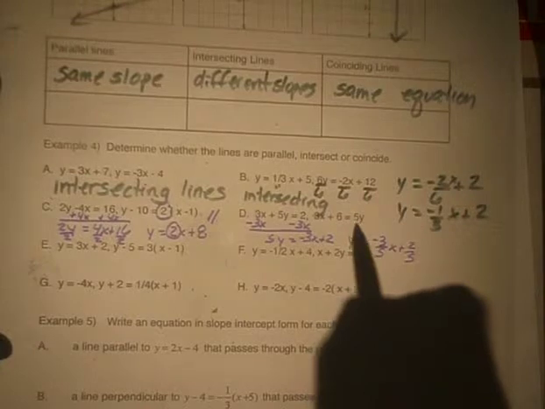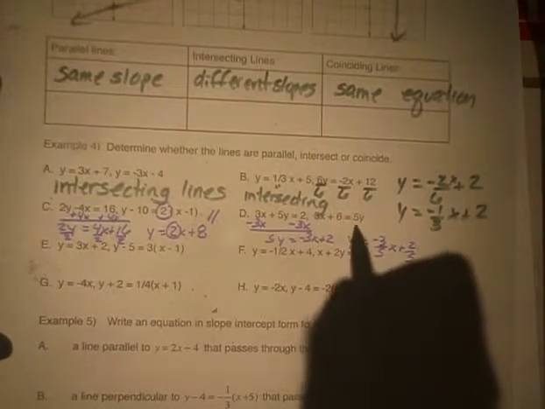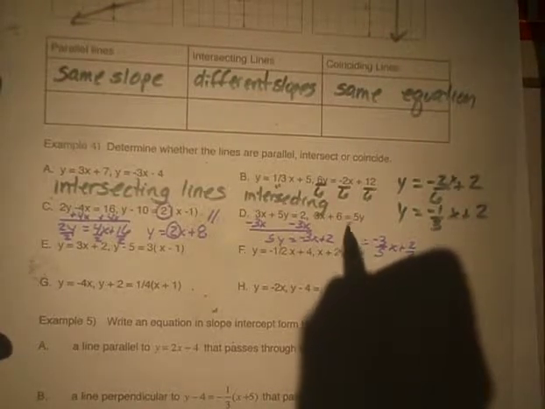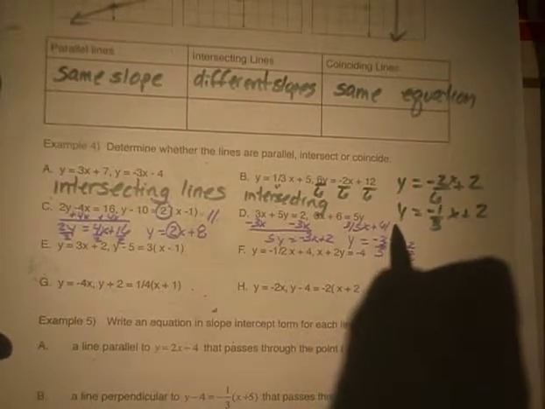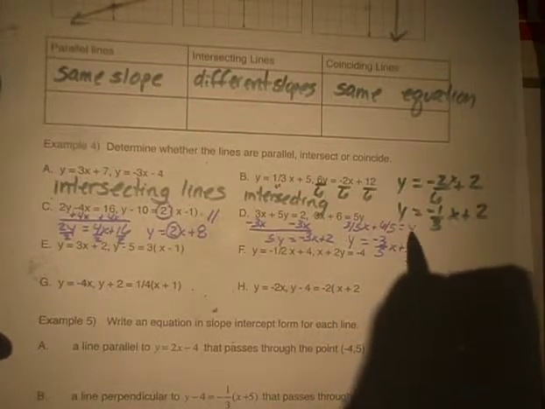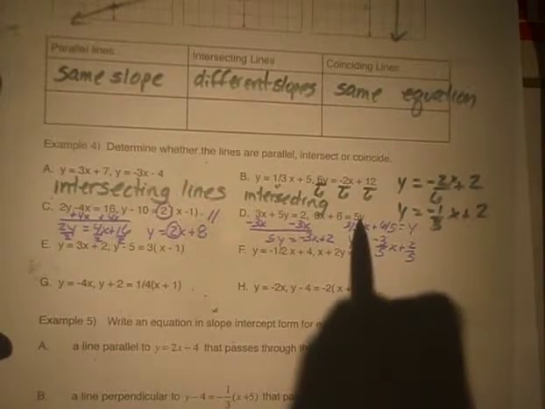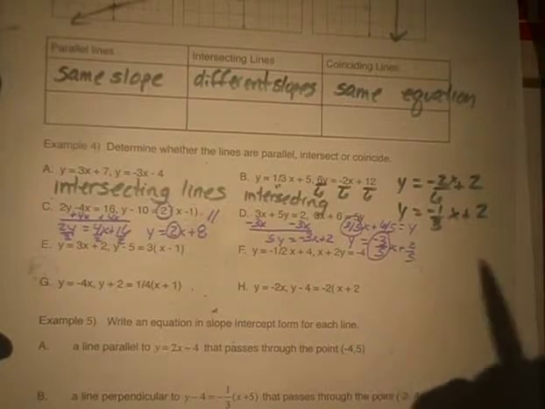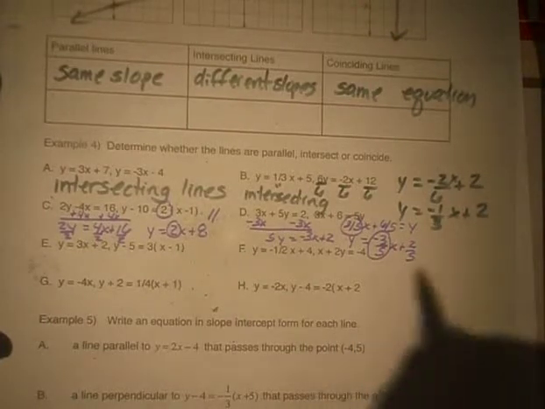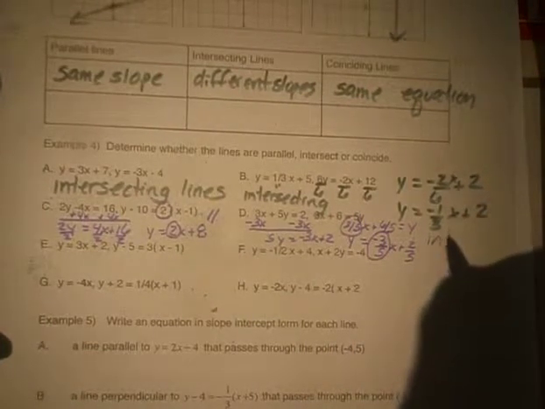Up here, when we divide everything by 5, you would have 3/5 x plus 6/5 equals y. And if you look at your slopes, they are not the same. So these would be intersecting lines.